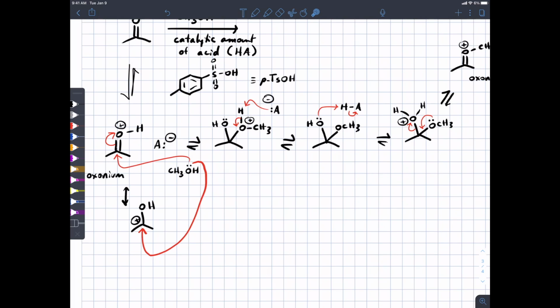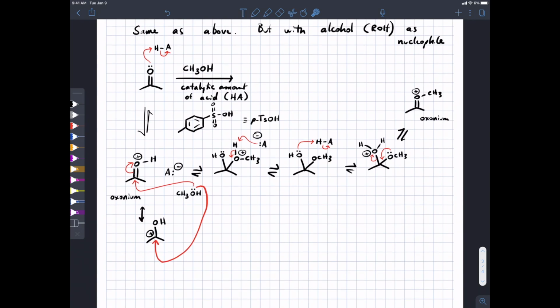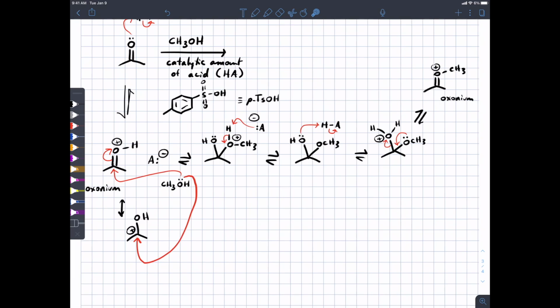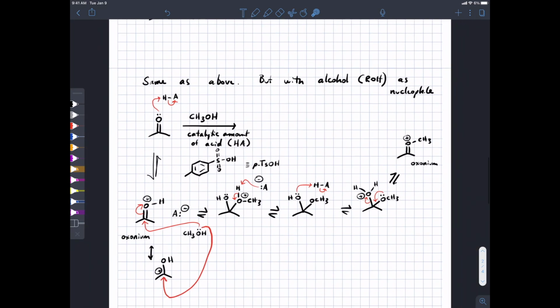Yeah? The oxonium in this and the previous reaction, or at least how it's been labeled, they appear different. Is it just referring to the step that it is produced by? So are you thinking about the difference between this oxonium ion and this one? Yeah.